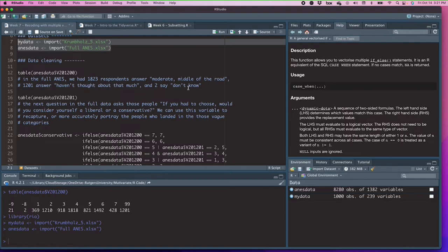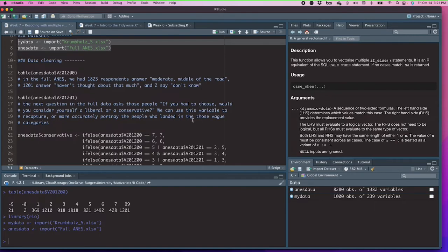And then we had like 1,800 respondents that answered middle or moderate or middle of the road, which in surveys, it's common for people to gravitate to that middle response when they don't want to commit, for one reason or the other, to being conservative or liberal, when maybe they do actually have conservative or liberal preferences.